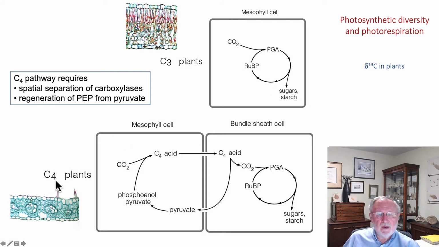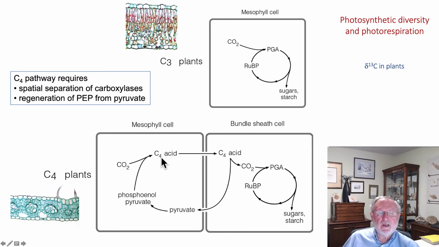In C4 plants, the same process occurs, except it is now confined to the interior of the plant, typically in a bundle sheath cell, such as shown here in this cross-section of a grass. In the outer cells, a second process takes place, and that is that CO2 combines with phosphoenol pyruvate to form a C4 acid.